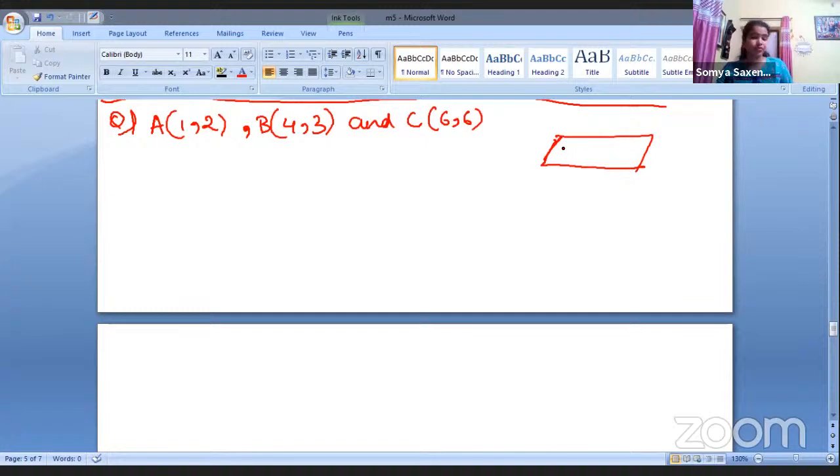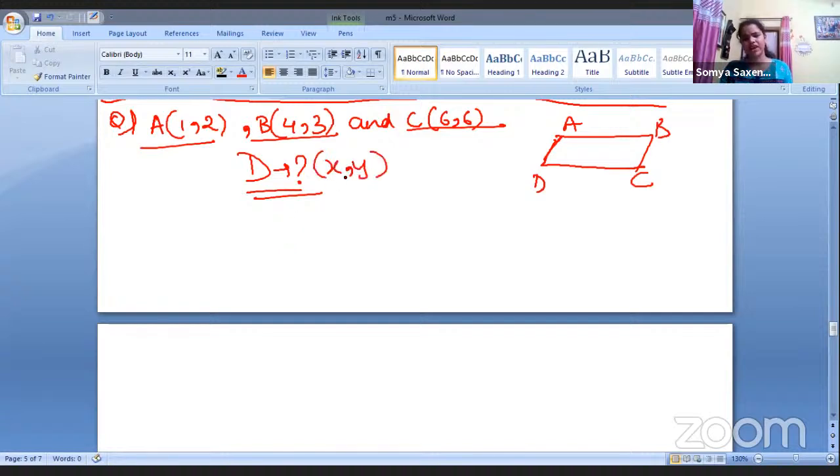You will have to remember what the properties are because they will be very helpful in solving these questions, but not very much. These 3 coordinates of the vertices A, B, C are known to us. We have to find the coordinate of D, which means if we suppose them to be x comma y, we have to find what is the value of x and what is the value of y, and thus we have to find the coordinates of this vertex.